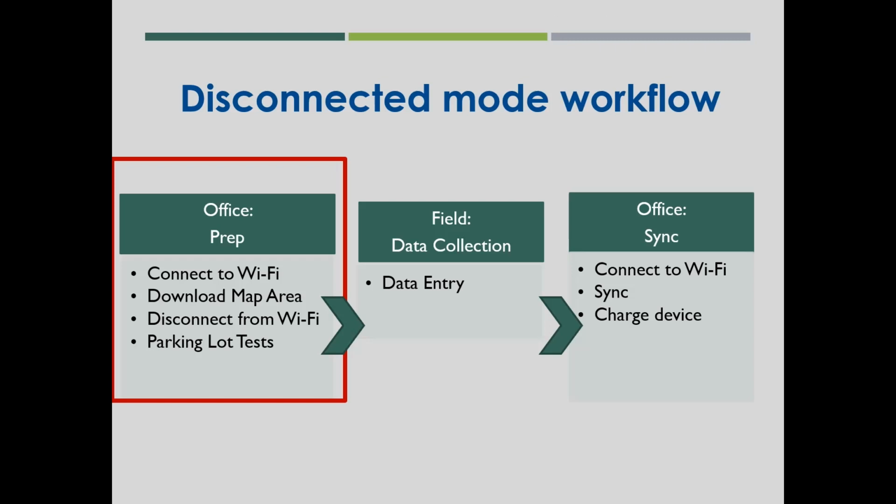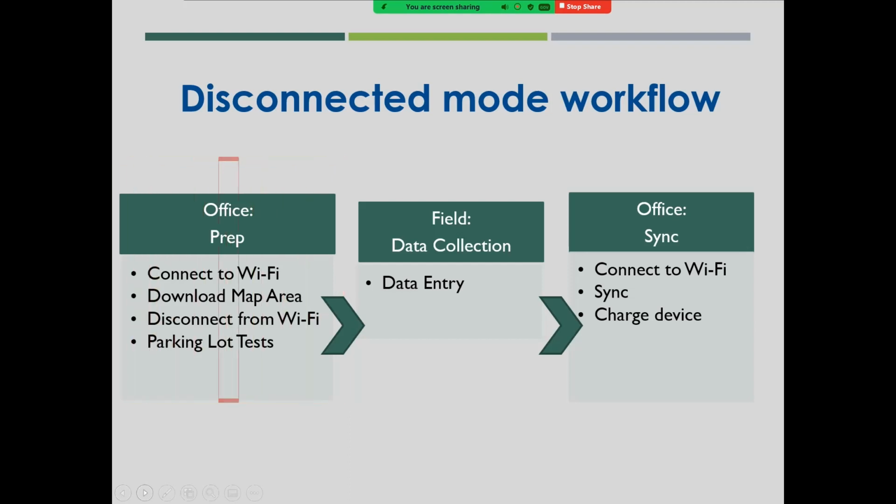And then the device is disconnected from the internet and field data collection is performed. And then at the end of the day, or when you get back to a reliable network connection, you reconnect. The data is synchronized with the online map that's hosted back in that enterprise portal, and done. Maybe you charge your device at the same time. I added that as a little bullet point there. But the really important steps is this preparation piece, and also this data sync at the end of the day.